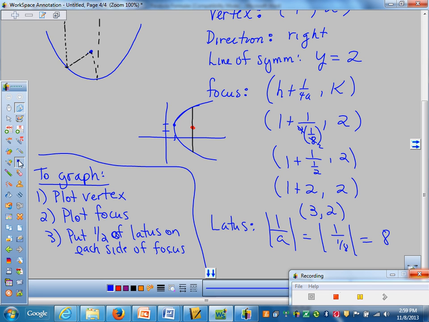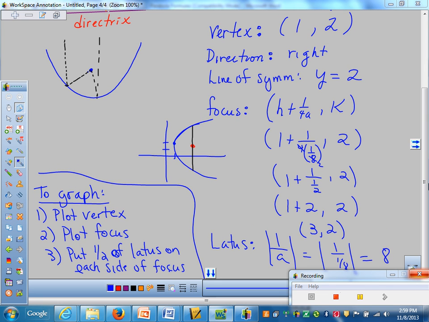Okay. So, literally, and granted I should get some graph paper out, but our vertex is where? 1, 2? If you want to graph this now that you've done all that work, 1 over 2 up. That's the vertex. Where's the focus? 3 over 2 up.